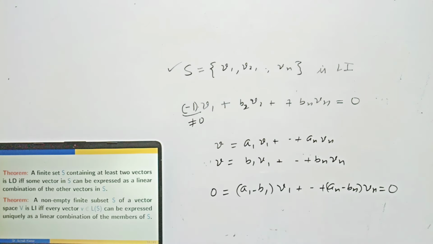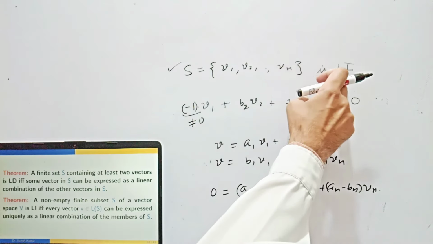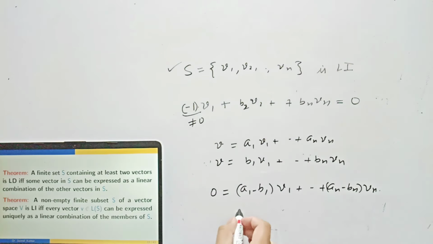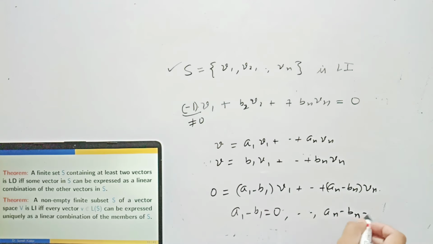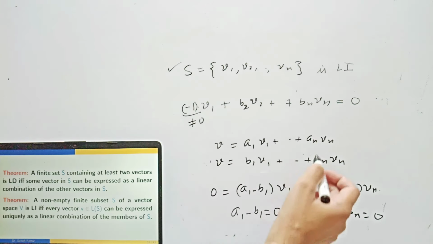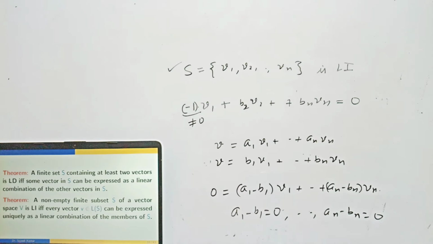What does it mean? 0 I have written on the left side. A linear combination of the vectors v1 to vn is 0, and these vectors are linearly independent. That means all these scalars must be 0 by definition of linear independence. So you get that a1 equals b1, a2 equals b2, an equals bn.